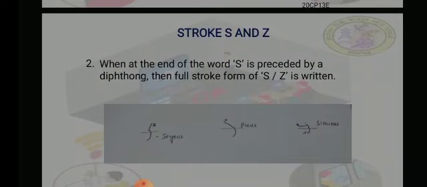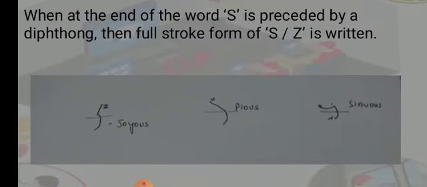If you have a word and the final consonant of that particular word is S, and immediately preceding that S you have a diphthong, then to show the place where you have to place the diphthong, you have to write stroke S. For example, take up the word joyous. J, stroke S, joyous. So you have final S and immediately preceding final S you have a diphthong, oya.